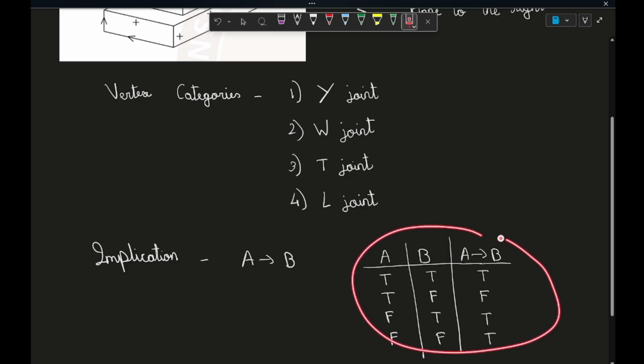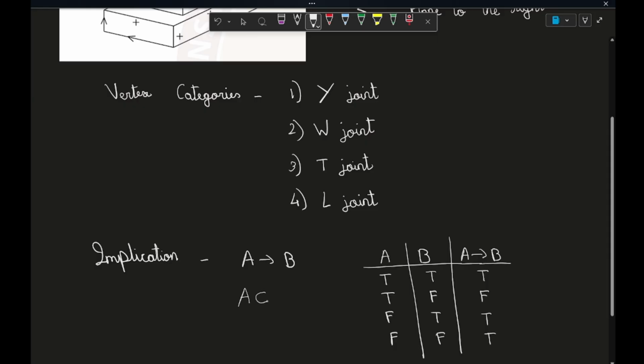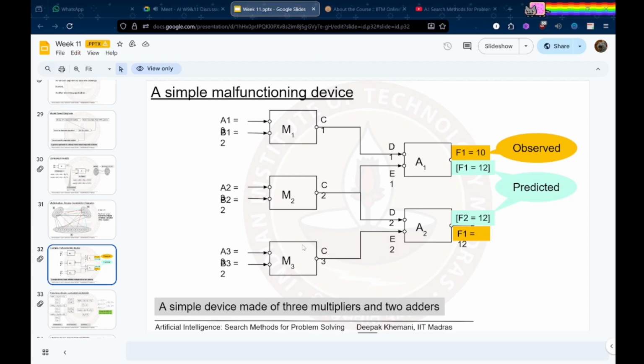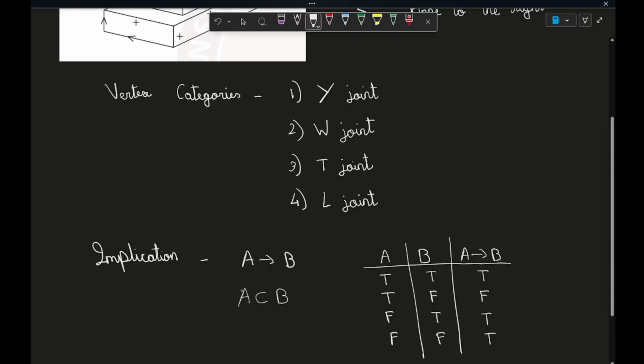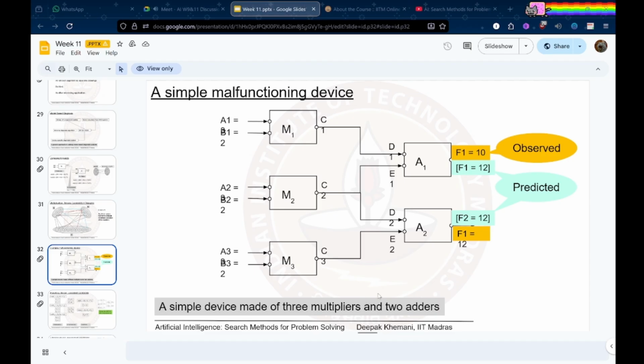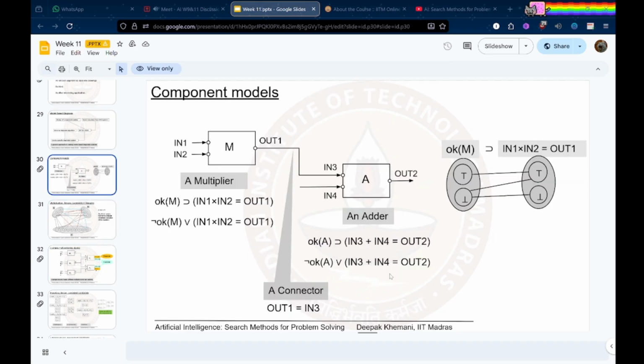But this is the truth table, and in the course I think the implication is written as something like this: A is a variable, B is a variable, and they are related such that if A is true, then B happens. And I think that symbol is reversed. Is it reversed?